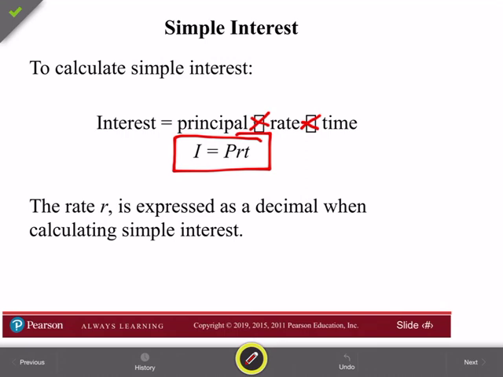One way to memorize this is I equals PRT. So if we know those values, we plug into our equation and we can solve for the value that is missing.